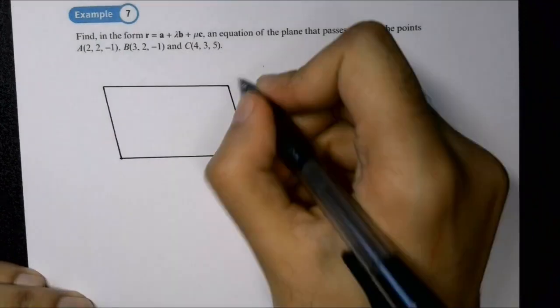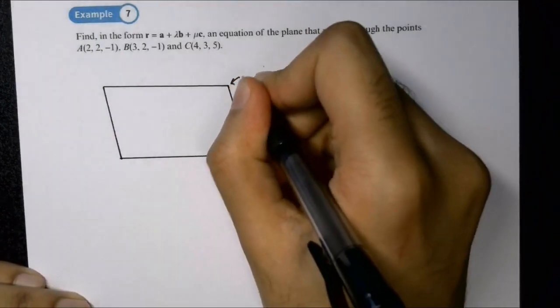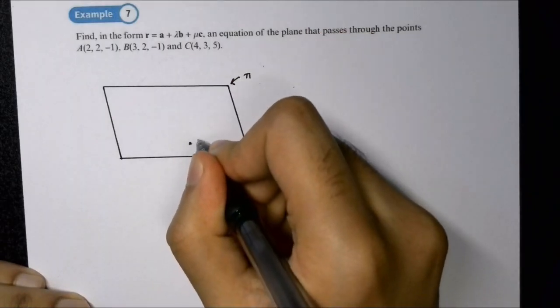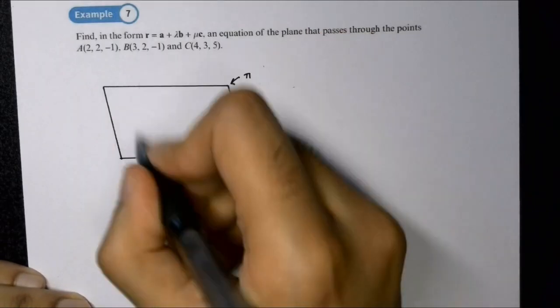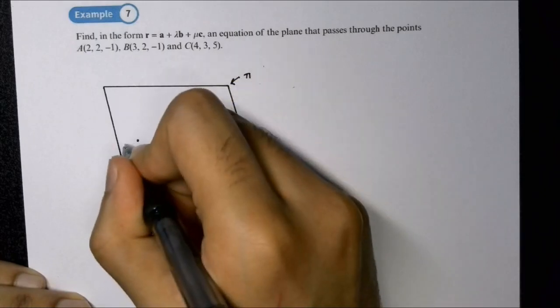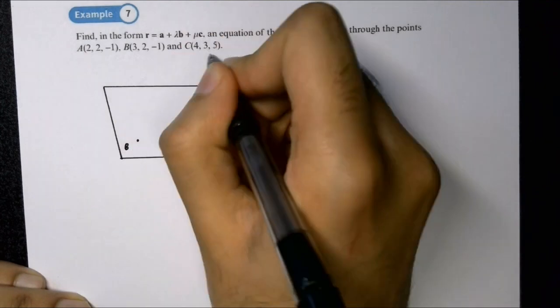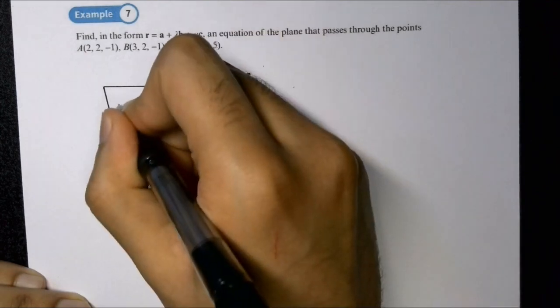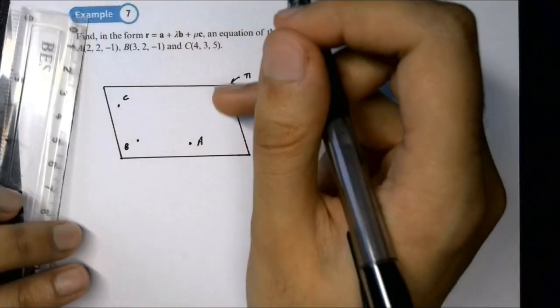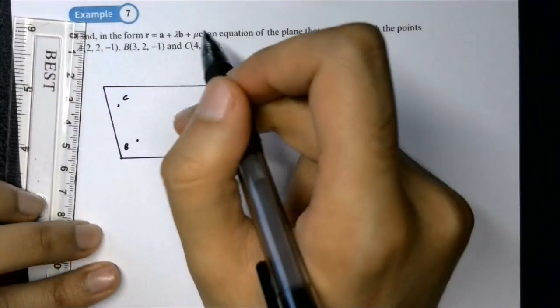So, we've got a plane, we'll call this plane pi. We've got the point A over here somewhere. We've got the point B, say, over here. So here we've got the point B, and we've got the point C over here somewhere. Okay? And we're finding the equation of this plane.